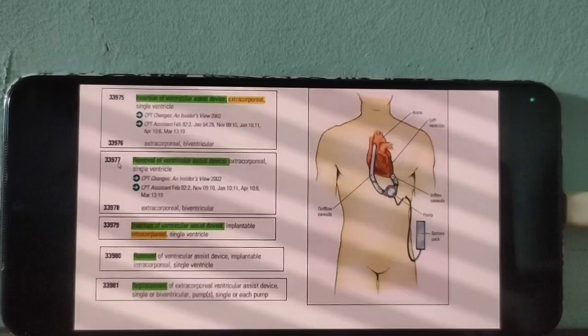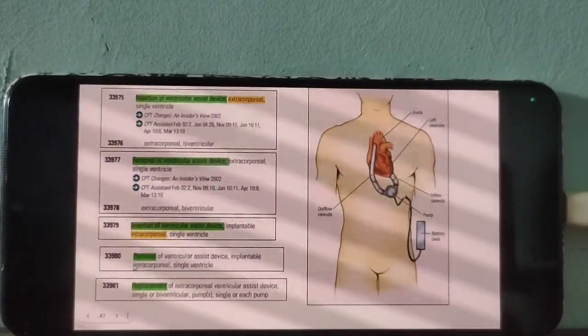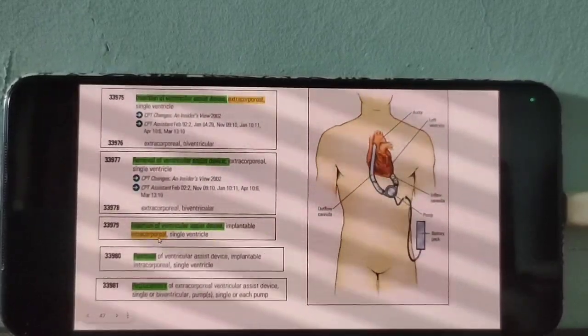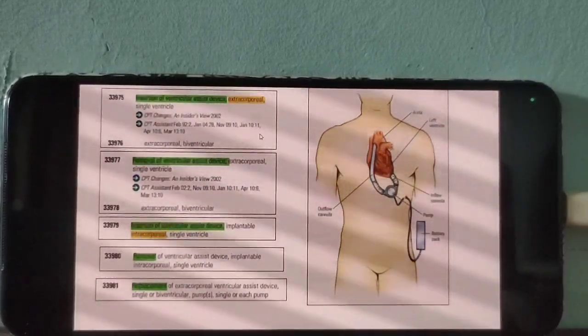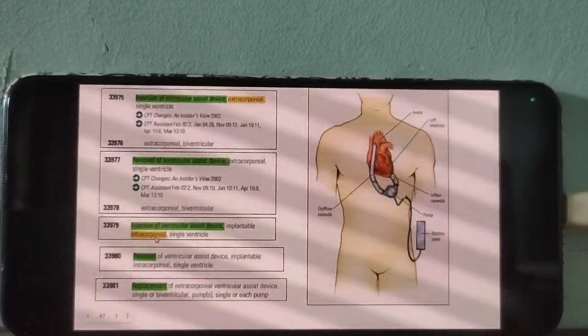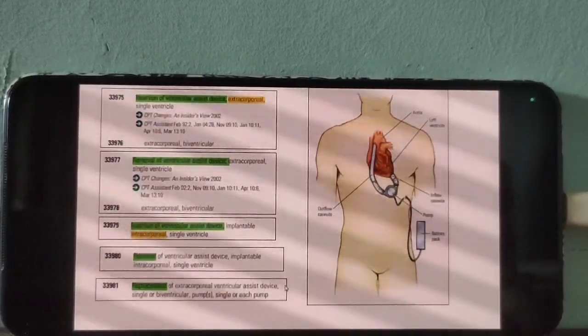For removal of device, 33977 and 33978. 33979 is for insertion of intracorporeal. The above code sections are for extracorporeal. 33979 is for intracorporeal, 33980 for removal, 33981 for replacement.